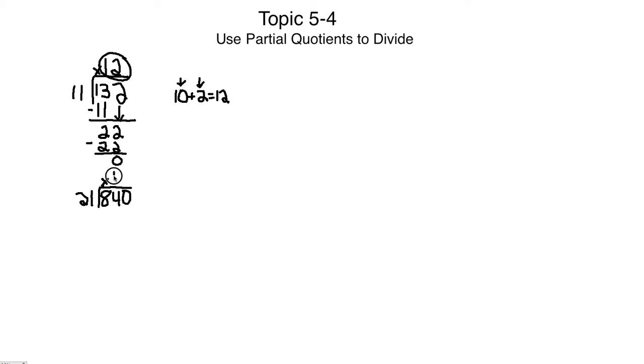And the answer is 4. 4 times 1 is 4. 4 times 2 is 8. So that terminates. We need to bring down the next 0.